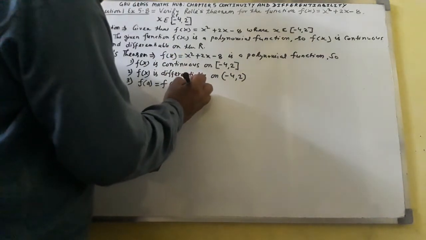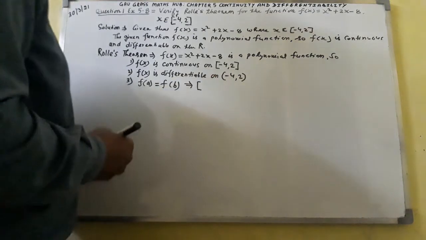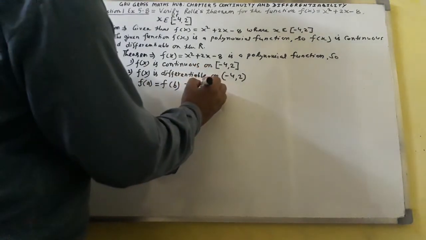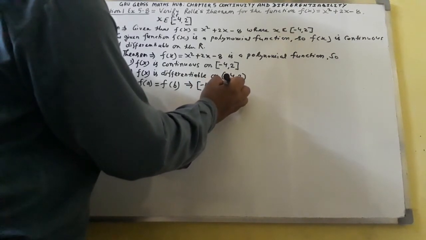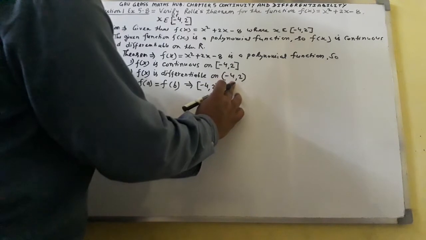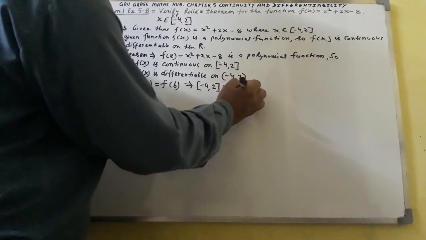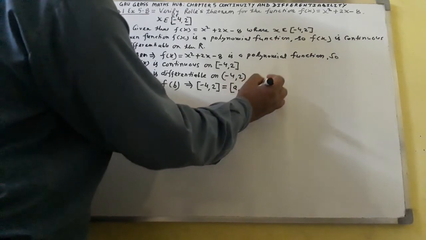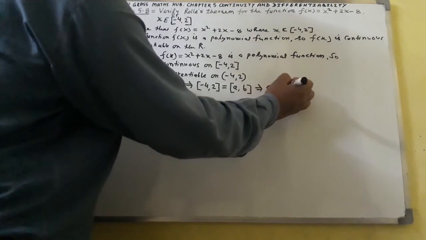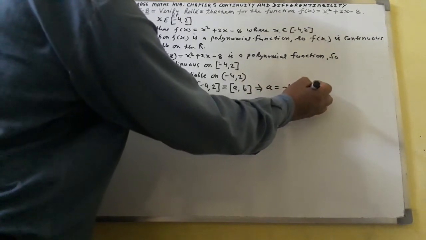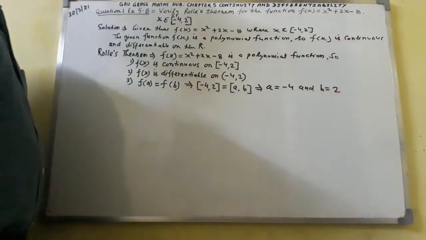Implied that the closed interval [-4, 2] equal to the closed interval [a, b], implied that a is equal to -4 and b is equal to 2, we shall get.